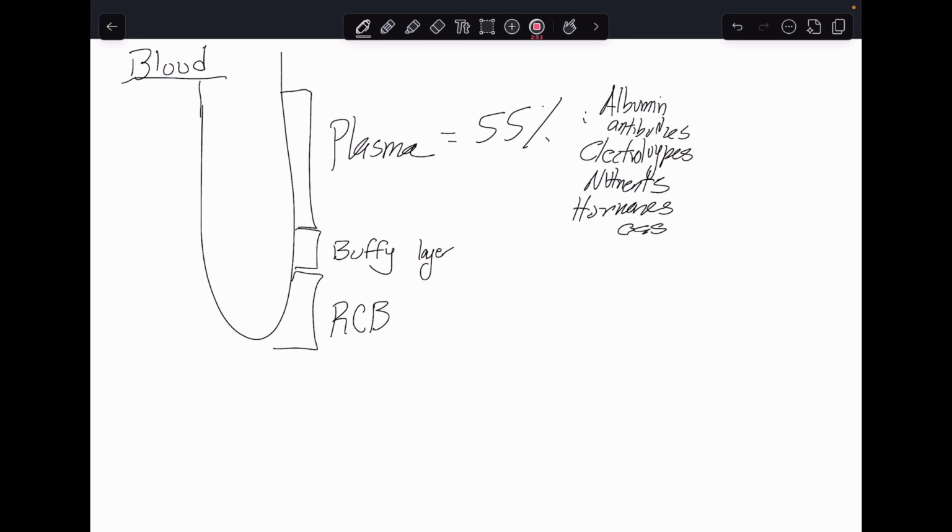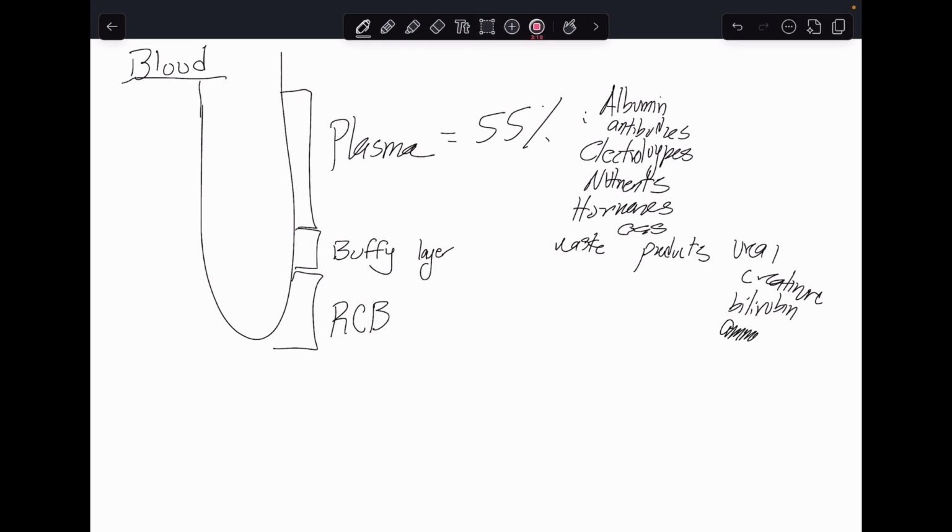We also have waste products such as urea, creatinine, bilirubin, and ammonia.